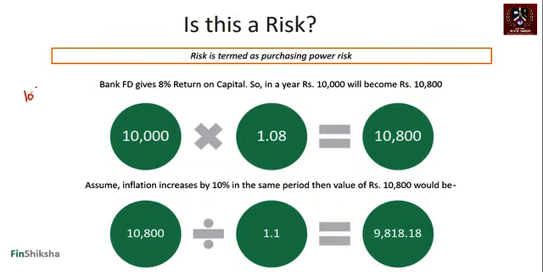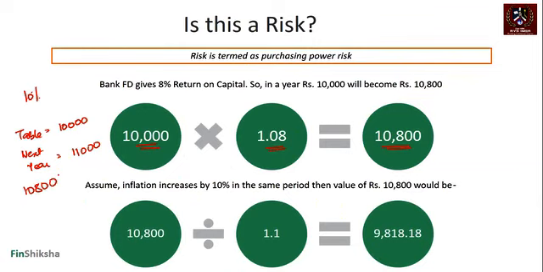Let's say inflation is 10%, which means if you're able to buy, let's say, a table today for 10,000 rupees, then next year, if inflation is 10%, you will need 11,000 rupees to buy it, correct? But your fixed deposit is only giving you 10,800, right?